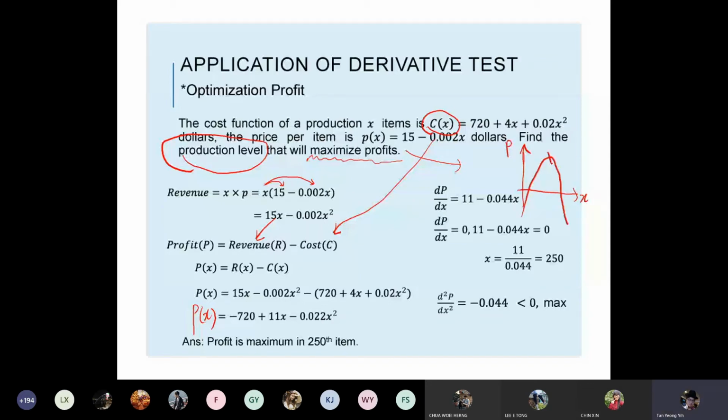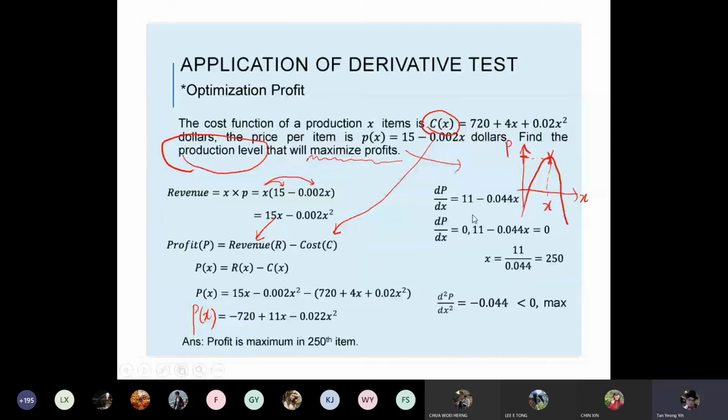We want to find out, all right, what is the maximum profit and what is the production level, this point where we have the maximum profit. So basically this question is about asking the maximum point. So we are finding the maximum point here.